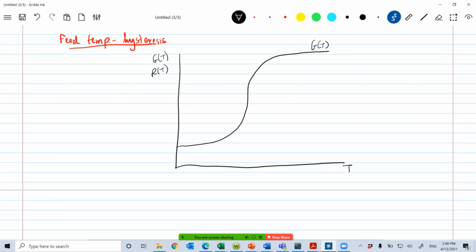Let's say that you have a reactor. When you came in the morning, you're starting it up, and you're heating up your feed. So your feed made your R of T curve look like that. This is your R of T curve, and this is where you're operating.